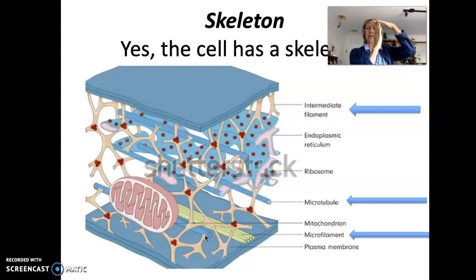Some of them are like this, some of them are like this, and then some of them are temporary, and they're only there during cell division. That's a really good example. So intermediate filaments, microtubules, and microfilaments are all forming a skeleton that does give the cell somewhat of a shape.